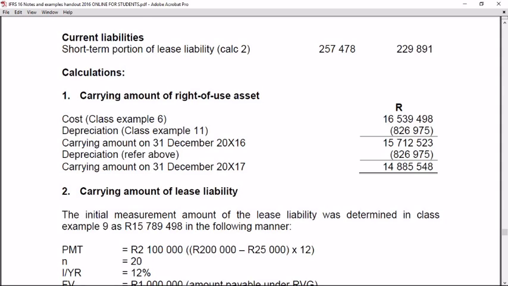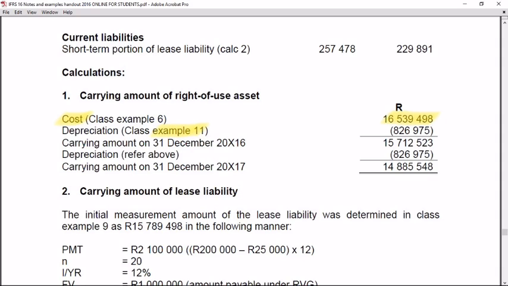Calculation of the carrying amount of the right of use asset. In class example 6, we calculated the cost of the right of use asset as 16,539,498. Then for the year ended 31st December 2016, we calculated the depreciation. That was done in class example 11.